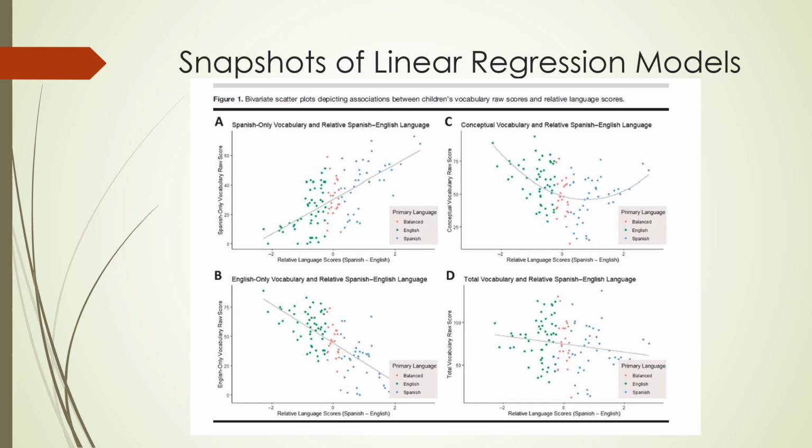As you can see, there is some negative association going on at the bottom with the English only test. You can see the Spanish at the bottom is really pulling that line of regression down.